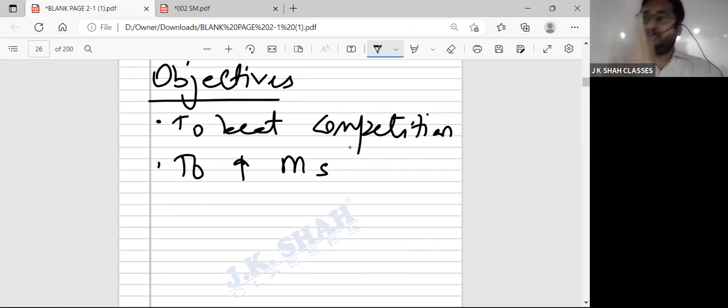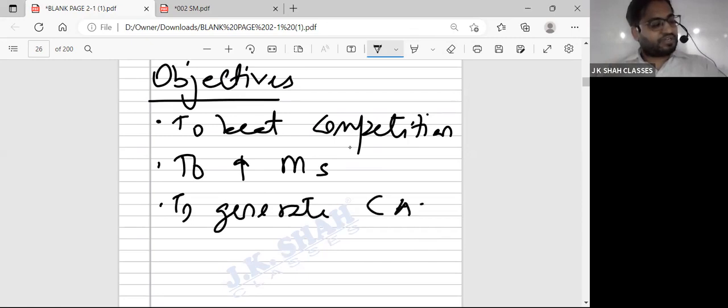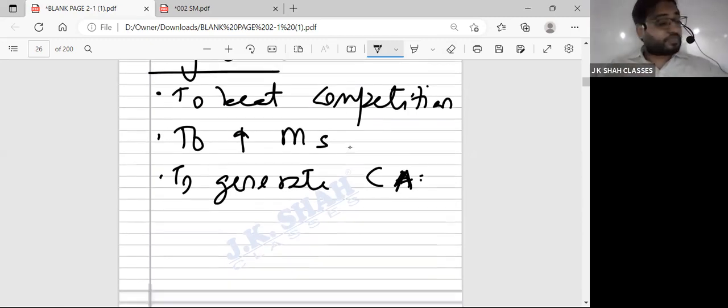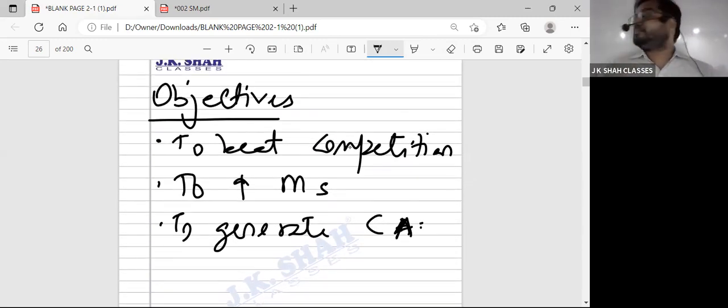Upward arrow means increase market share and to generate competitive advantage. Am I going too fast? No, right?